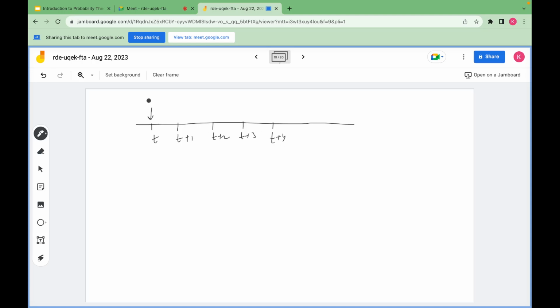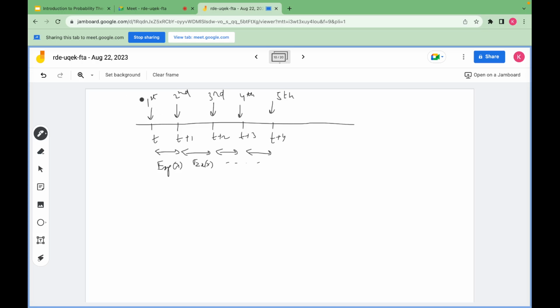The first email arrives at, let's say, time t plus 1, the second email arrives at time t plus 2, the third, fourth, and similarly the fifth email. Now these are all identically distributed with exponential random variable lambda.